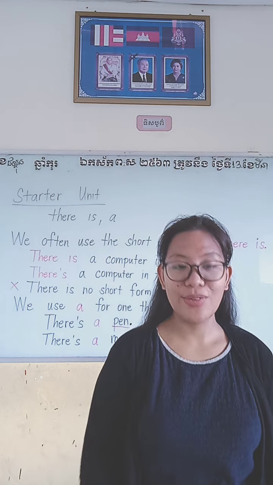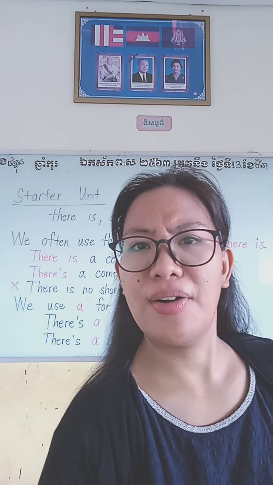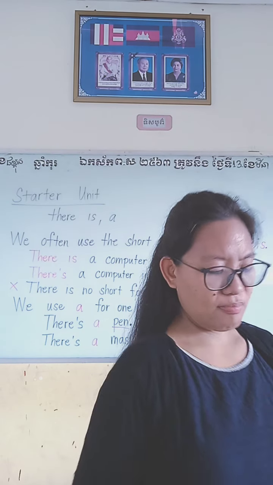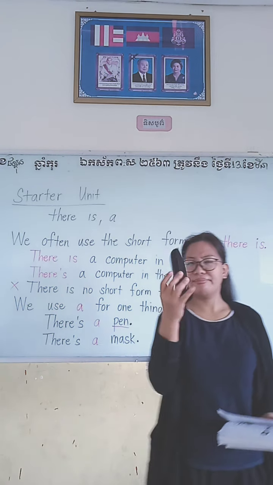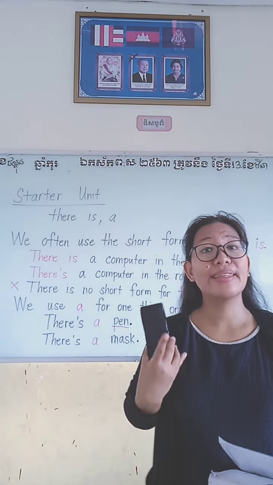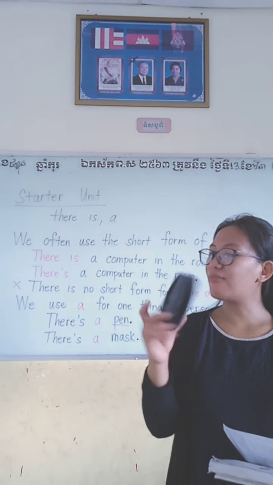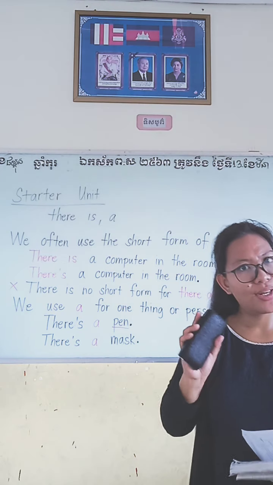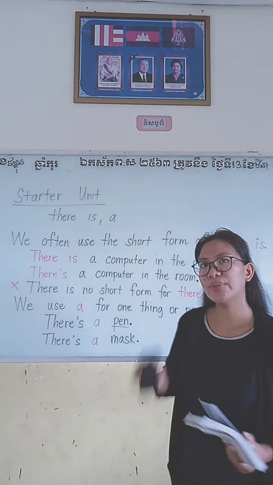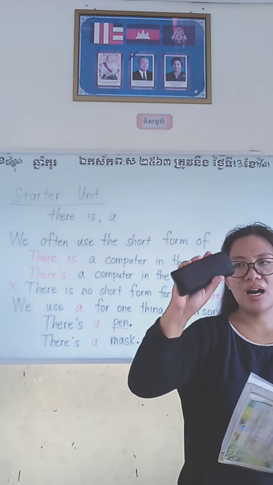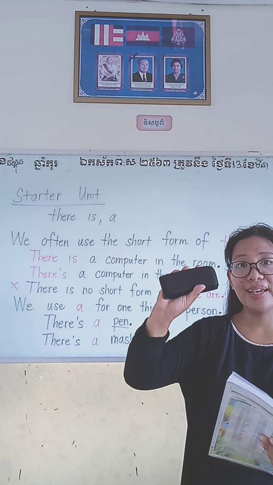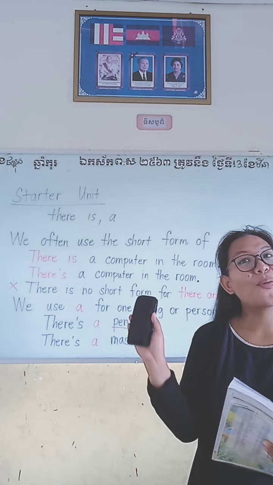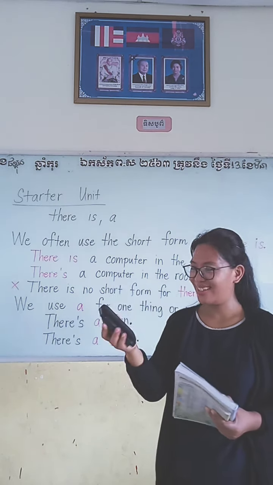So, for me, I found some of this. First one, since I am in the classroom, I have this whiteboard eraser. So I'm going to tell you, there's a whiteboard eraser. There's a whiteboard eraser. Right?